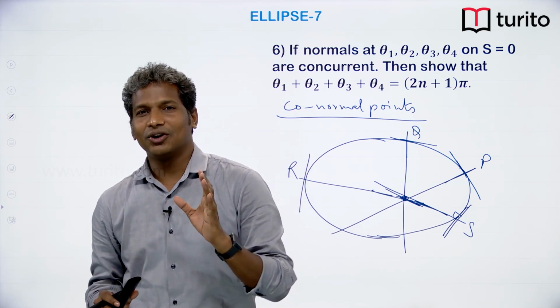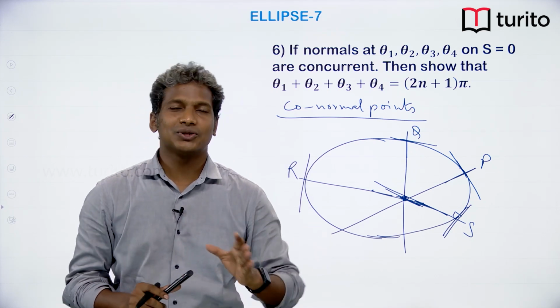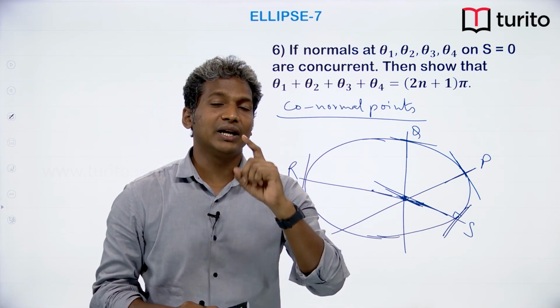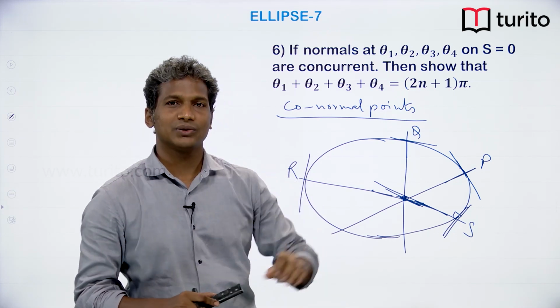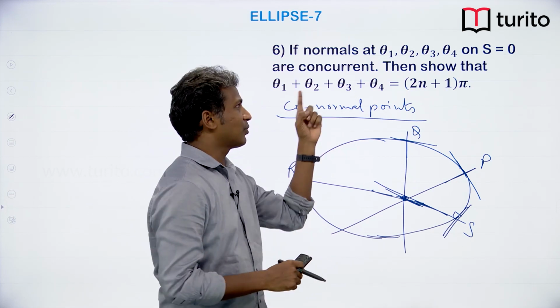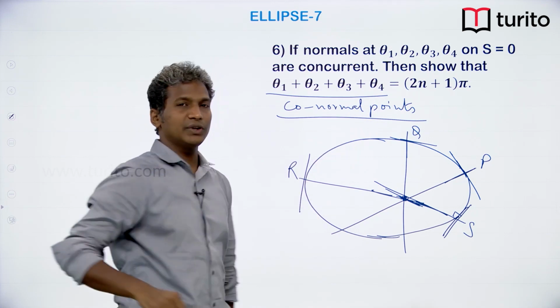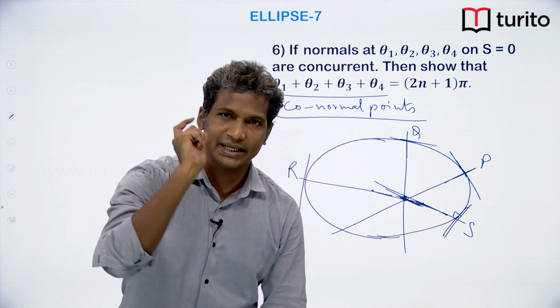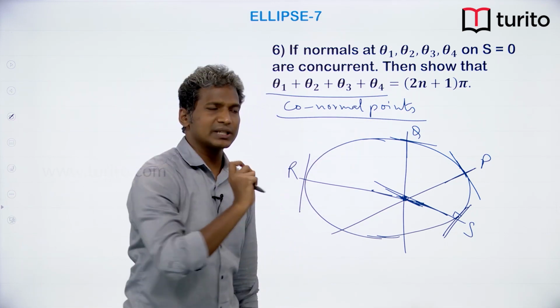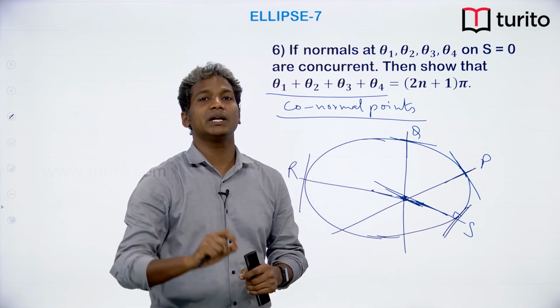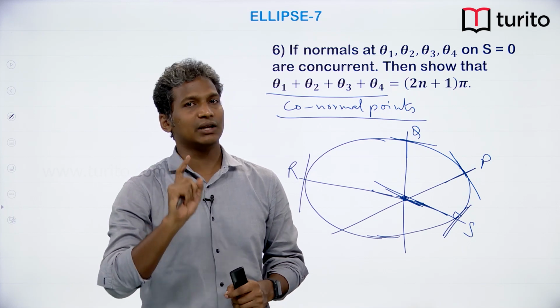the equation of normal that you will be using to solve the question will depend on the given requirement of the problem. So, here in the given problem we have to comment about the angles, the eccentric angles. So, we start with the equation of normal in parametric form where the eccentric angle is involved.